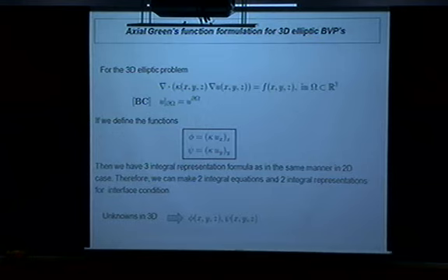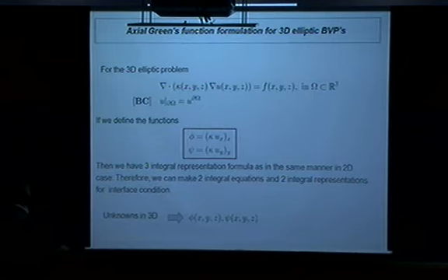How about 3D elliptic problems? In 3D we need two unknown variables. One is defined on the x-axis line, and the second is defined on the y-axis line. Then finally we get the z-axis line equation, where the right-hand side will be f minus pi and psi. So we have three integral representations for u.